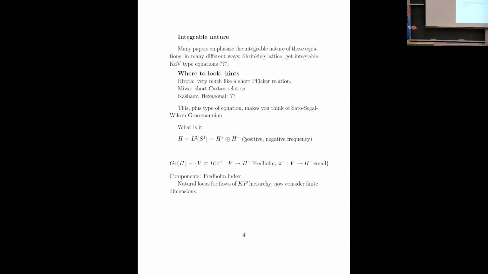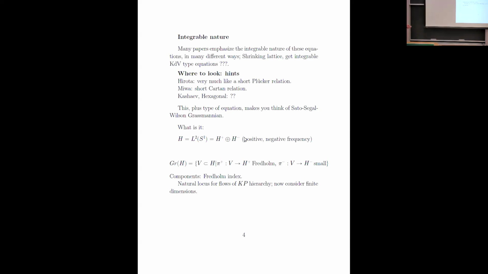Well, how? Actually, Miwa seems to be associated with the orthogonal group, and then for spinors, you have similar relations due to Cartan, so called the Cartan relations. And the Kashaev and the hexagonal ones are a bit strange, but they seem to actually, in the end, be associated to the symplectic group.